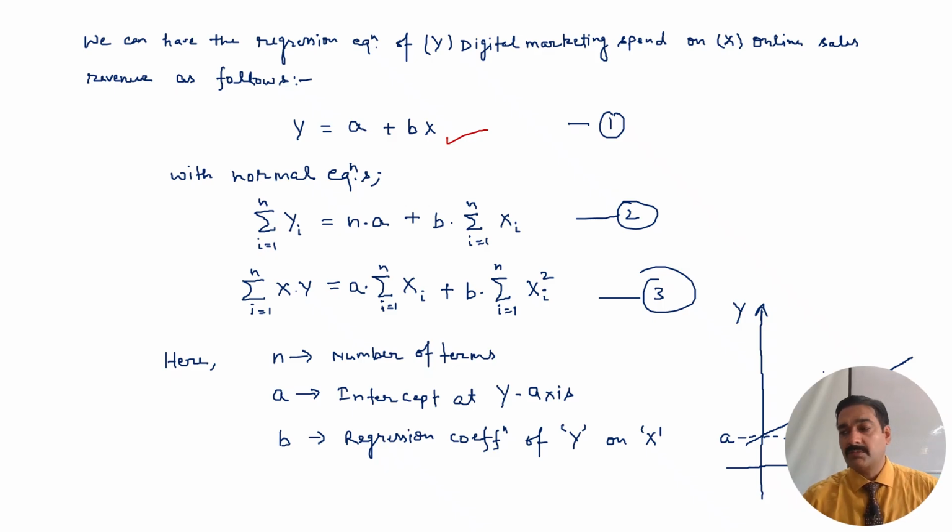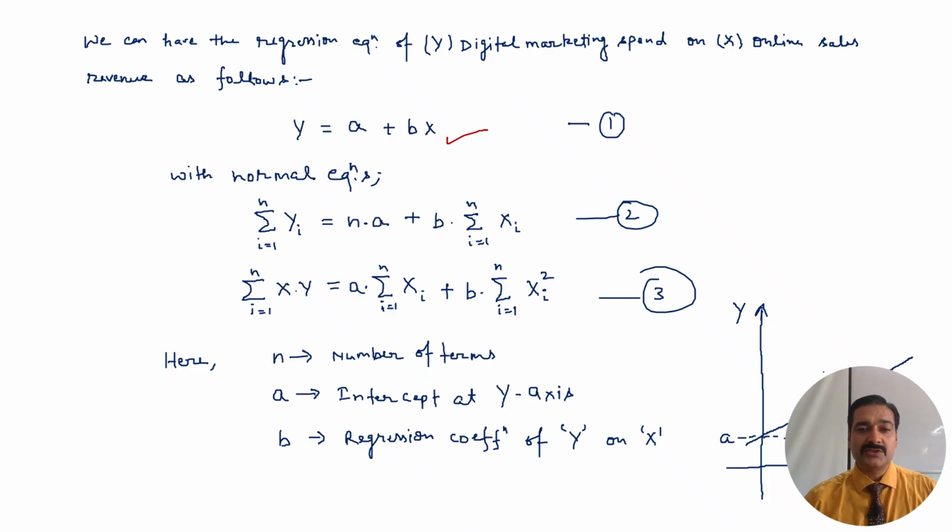And what are those normal equations? Normal equation 1 would be summation yi equals n into a plus b into summation xi. We will name it as the second equation. Summation x into y equals a into summation xi plus b into summation xi square, which we will name as the third equation.